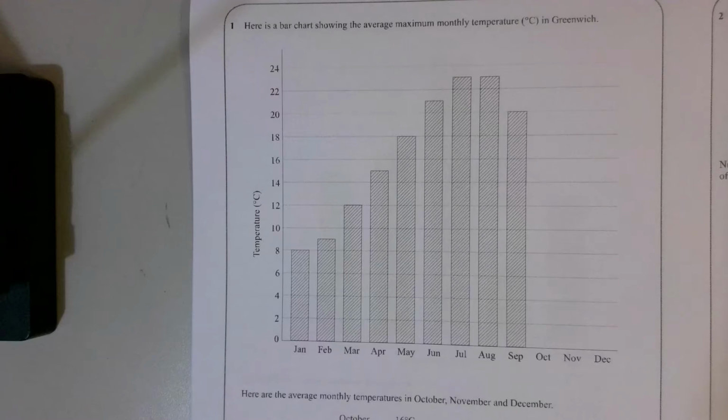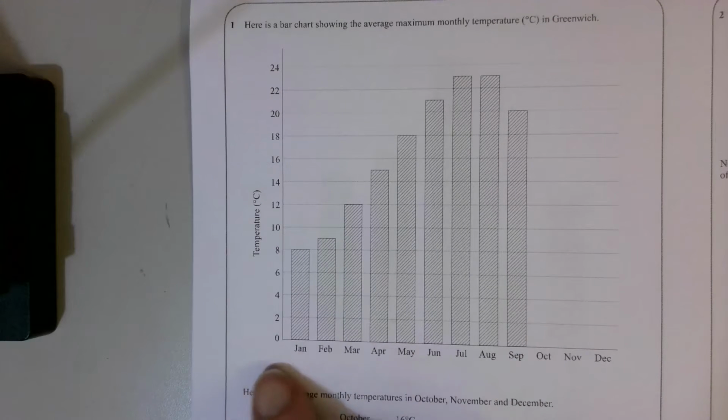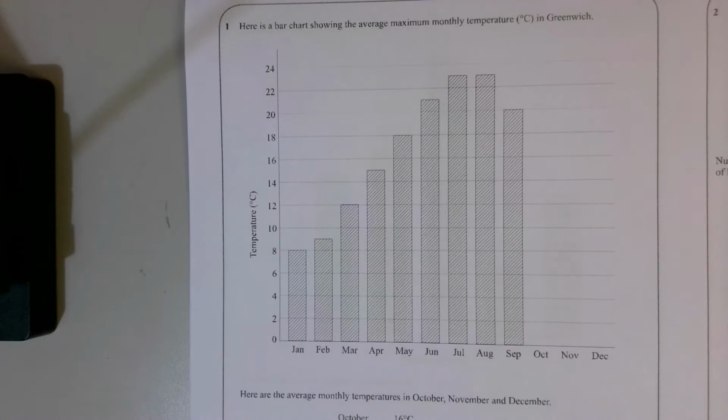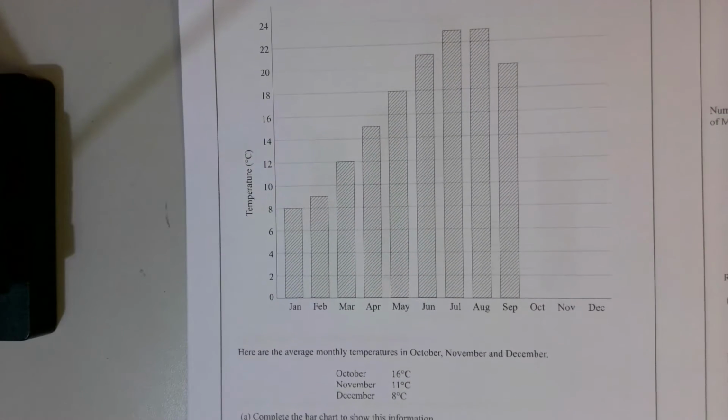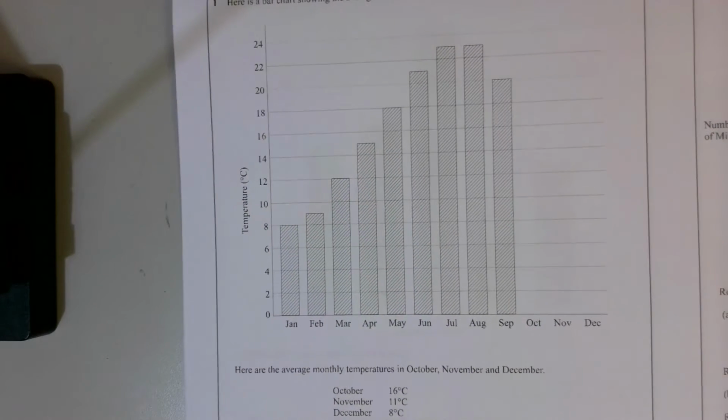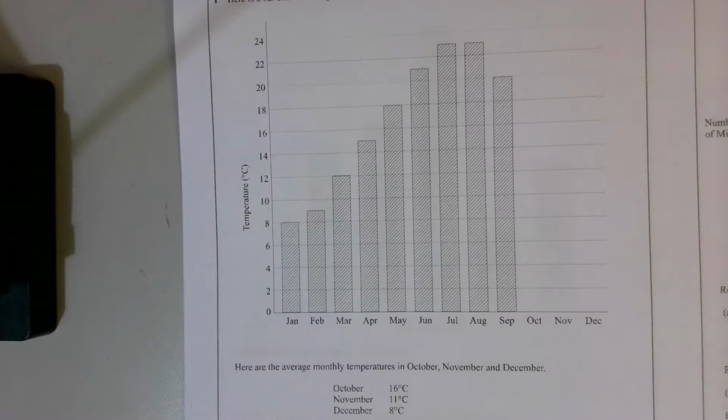Okay, so here's our first bar chart, question number 1. We've got 9 months of the year filled in for us, and we've got 3 months left to put on. Now you'll notice that there are gaps between all the bars, and you must have that on a bar chart. If you were in the exam and you didn't put gaps between, you would lose a mark for that.